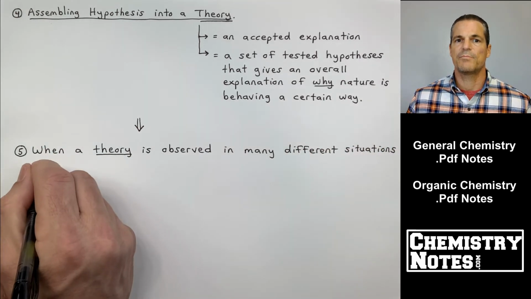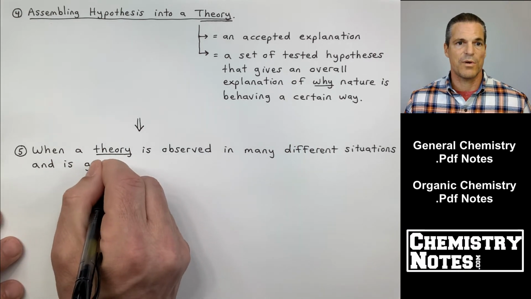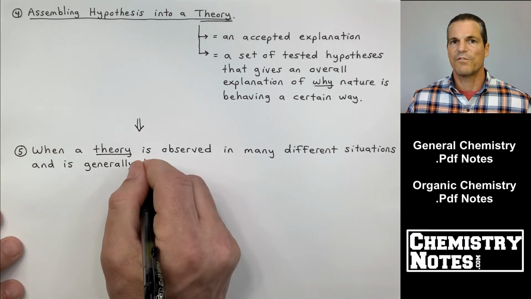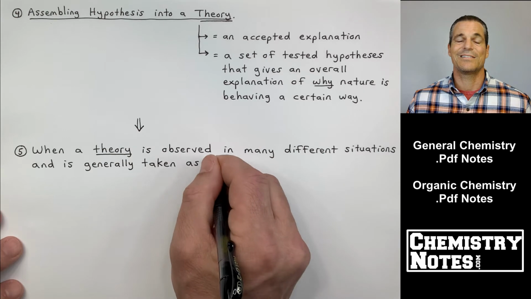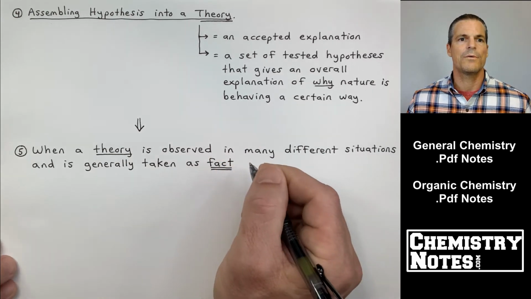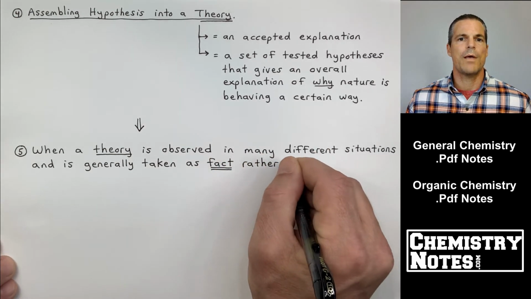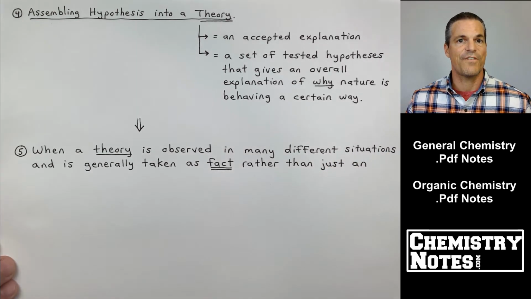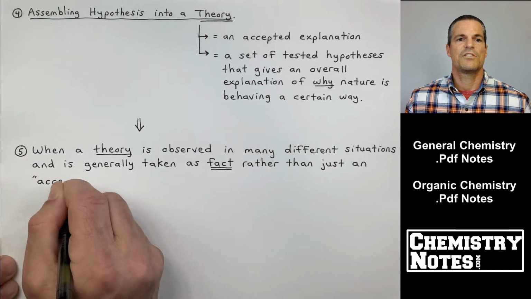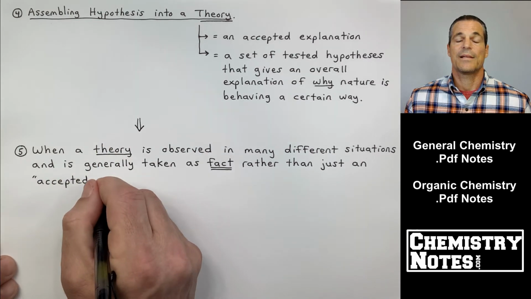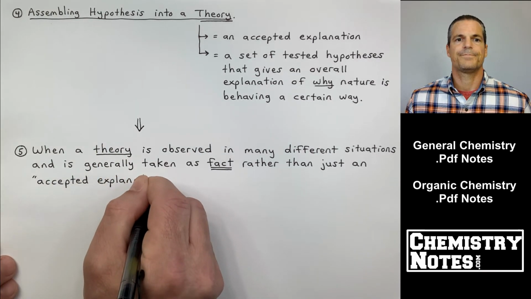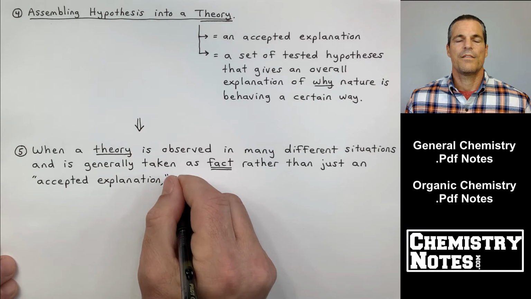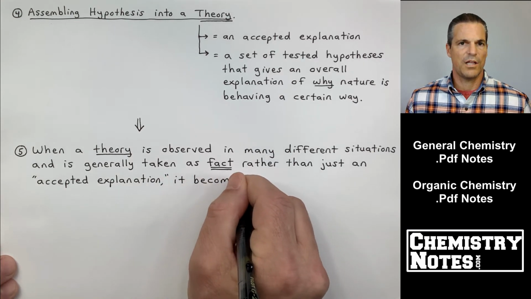Okay, when that theory has been observed in many different situations under different types of circumstances, and it still holds true, and is generally starting to be taken as fact rather than just an accepted explanation, that theory becomes a law.